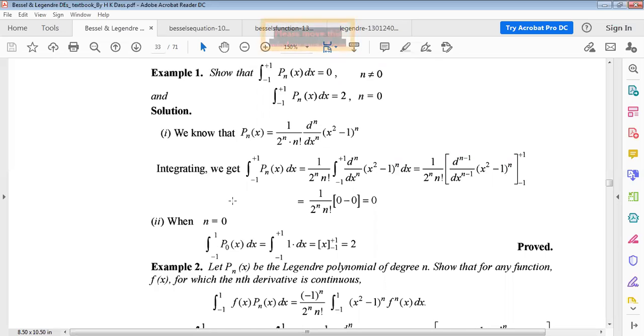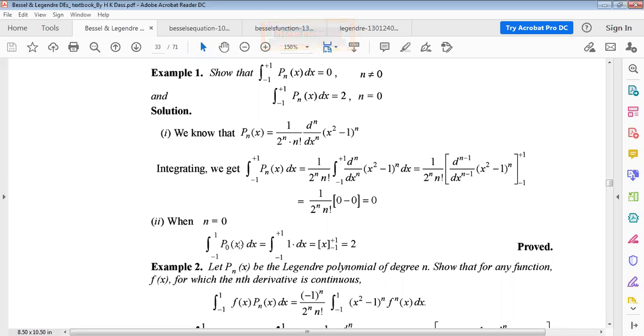Now if we put n equals 0 in this Rodrigues formula, we get 1 by 2 to the power 0, 0 factorial, and the zeroth differentiation. This is to the power 0, which is 1. Zeroth differentiation will also be 1 because this is a constant. 2 to the power 0 means 1.